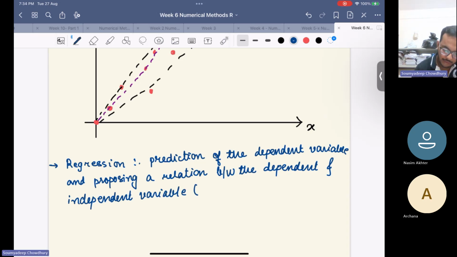This relation will be linear, that is a straight line. The general equation of a straight line is y equal to mx plus c, for linear regression.